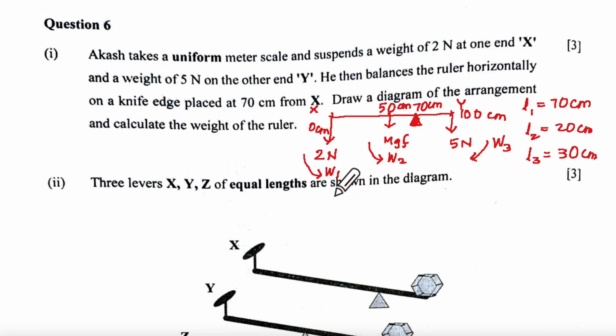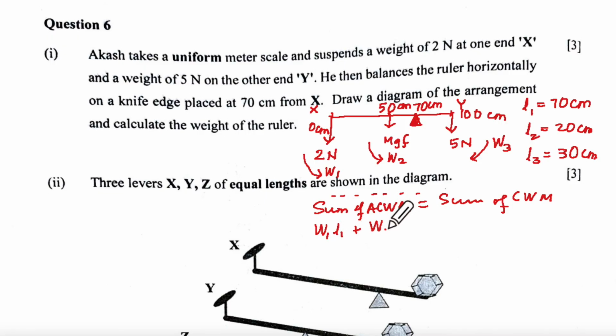So at equilibrium, according to the principle of moments, we will have the sum of anti-clockwise moments equal to the sum of clockwise moments. In anti-clockwise moments, you will have W1 L1 plus W2 L2 is equal to W3 L3.